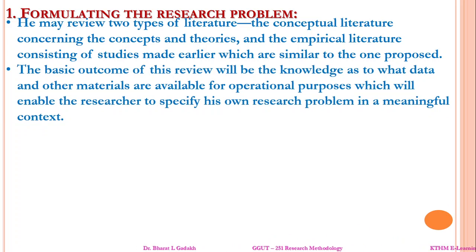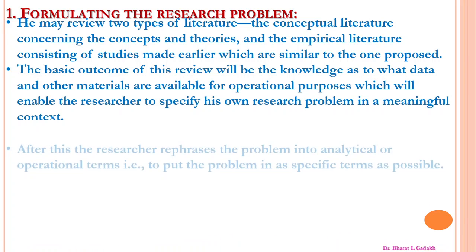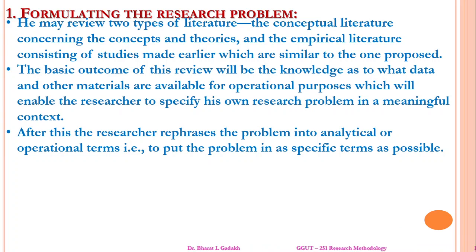The basic outcome of this review will be knowledge as to what data and other materials are available for operational purposes, which will enable the researcher to specify his own research problem in a meaningful context. After this, the researcher rephrases the problem into analytical or operational terms, to put the problem in as specific terms as possible.